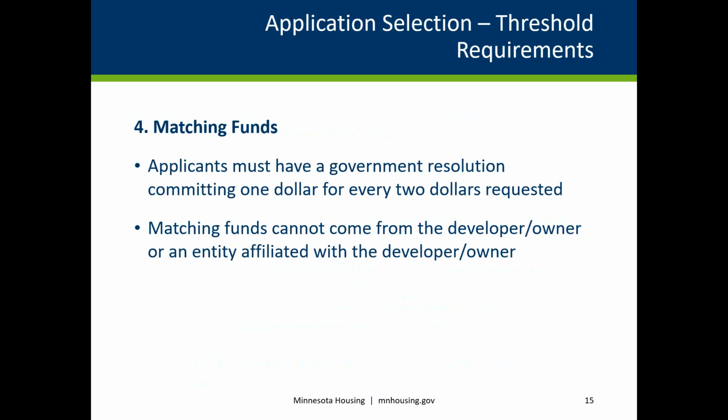Matching funds do not have to be a cash investment in the project. We've talked about that. They can also be in-kind donations. Once again, remember that matching funds cannot come from the developer or an entity affiliated with the developer. And once more, previously incurred project costs do not count towards the match.